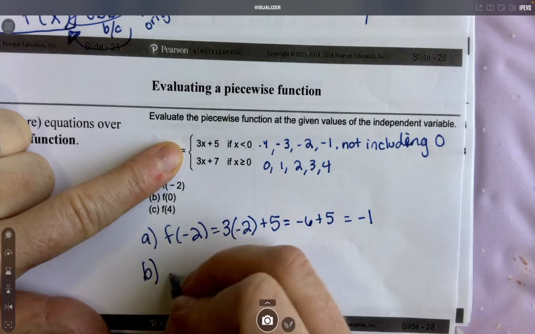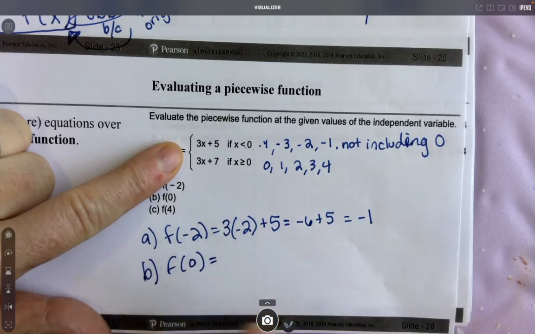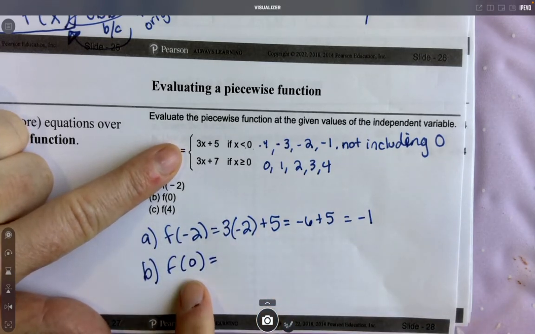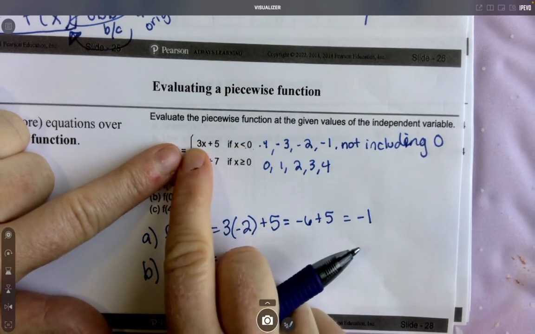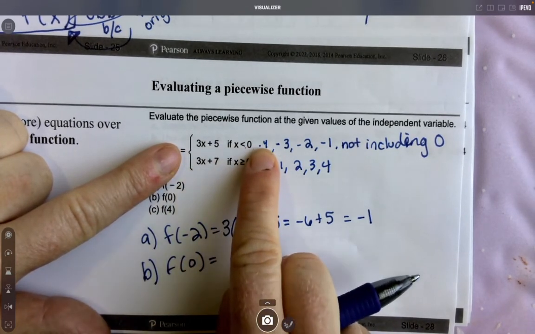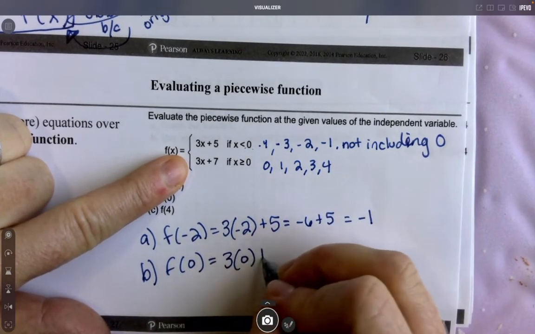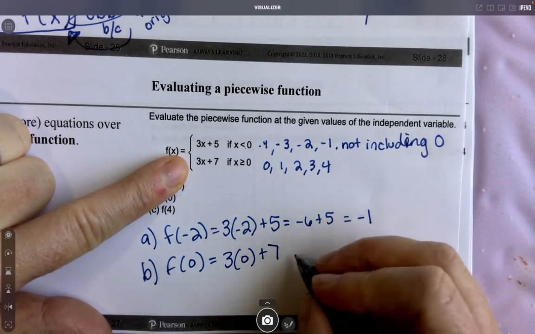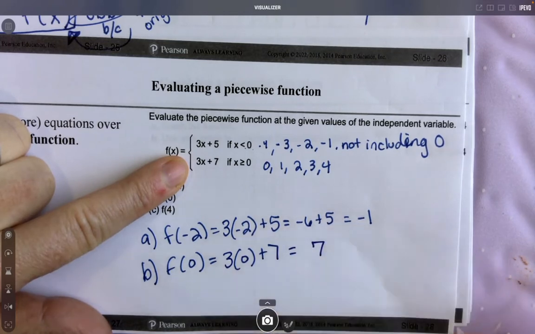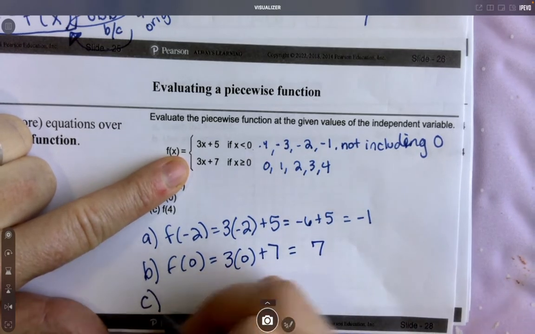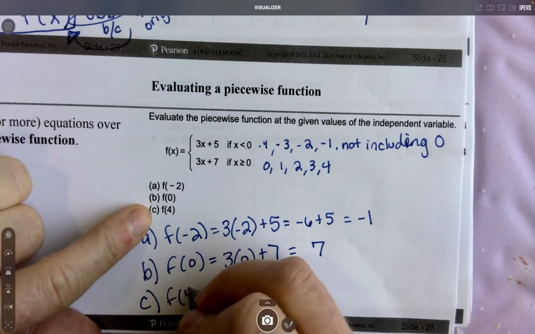B, f of 0. So we're looking at when x is 0. It's not the first one because x is only less than 0. So we use the second one: 3 times 0 plus 7, which gives us 7. C, f of 4.